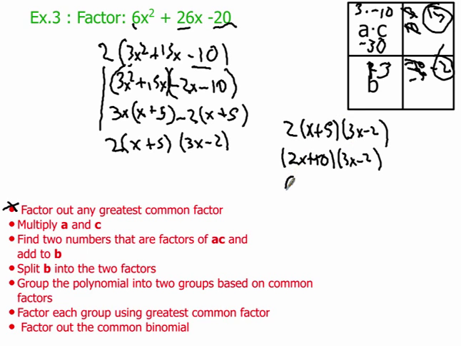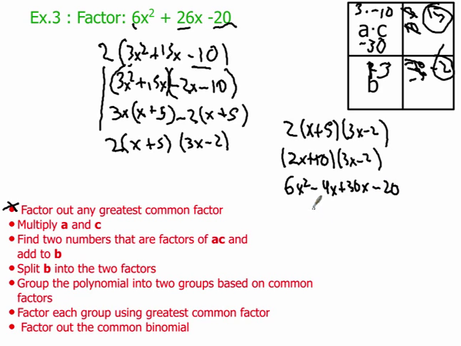2 times 3x is 6x squared. 2x times negative 2 is minus 4x. 10 times 3x is plus 30x. And 10 times negative 2 is negative 20.